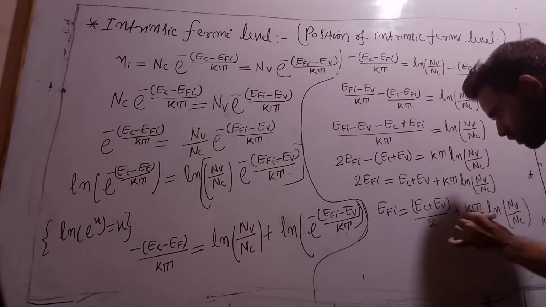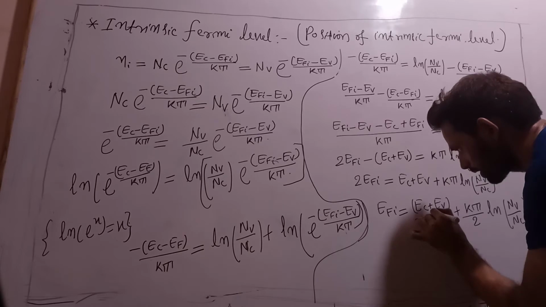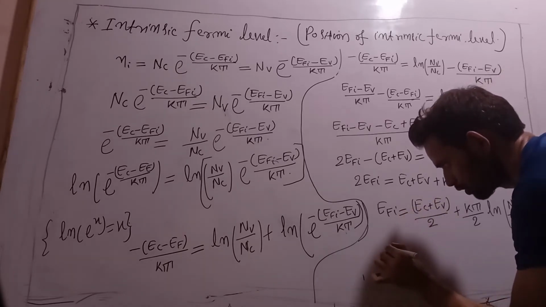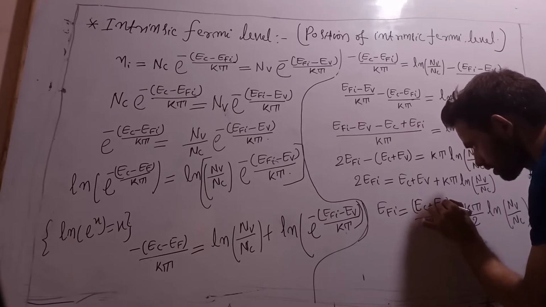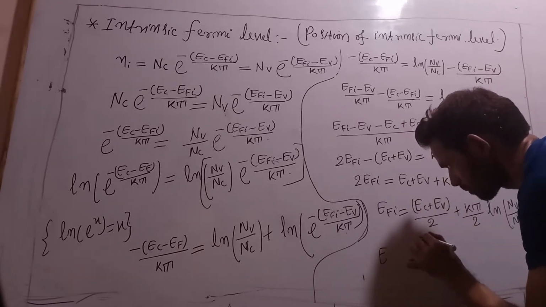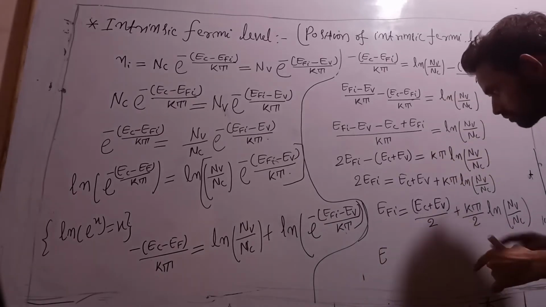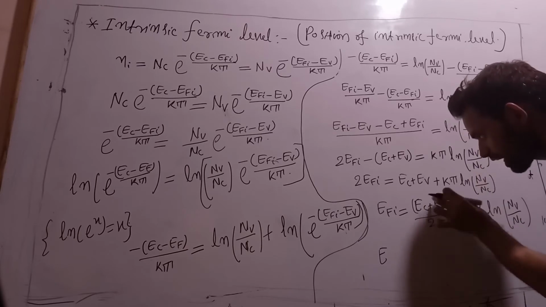Okay, so now if you see this, Ec plus Ev by 2 is nothing but E mid, the mid gap energy. Mid energy gap means it is the center of the forbidden energy band gap.